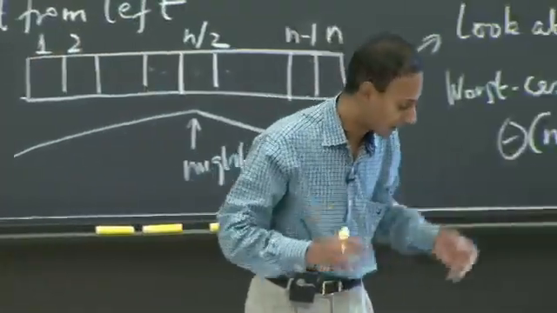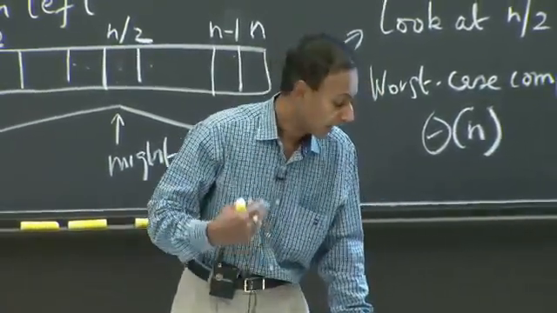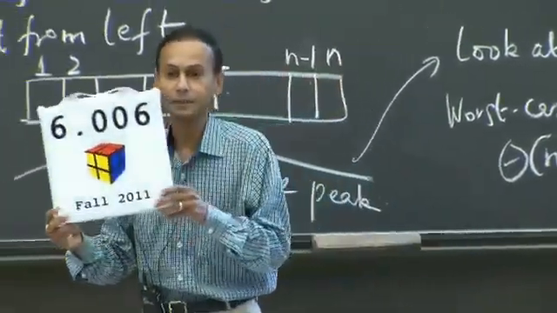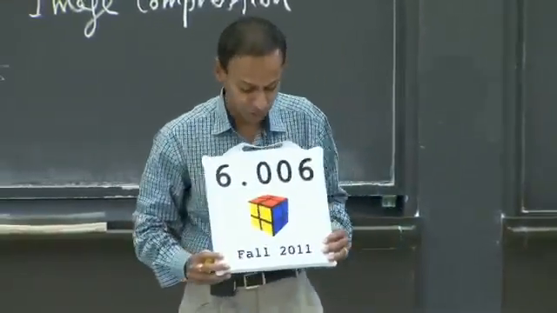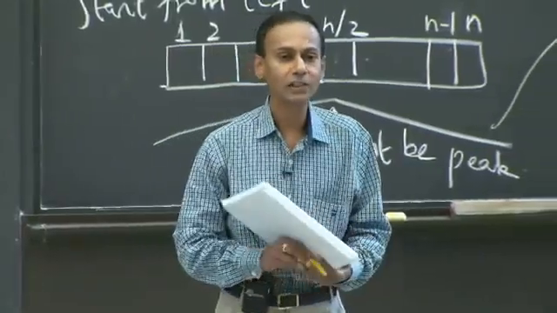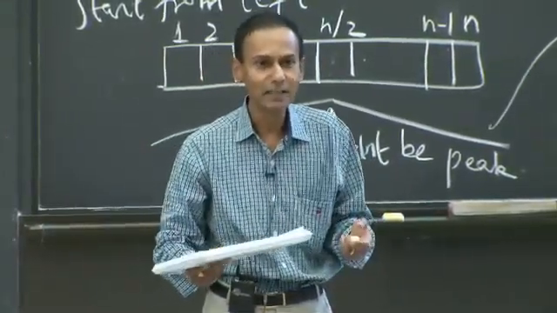So what Eric and I did was we decided we'll help you guys out, especially the ones who are interacting with us. And we have these cushions that are 6006 cushions, and that's a 2x2x2 Rubik's Cube here. And since you answered the first question, you get a cushion. This is kind of like a Frisbee, but not really.